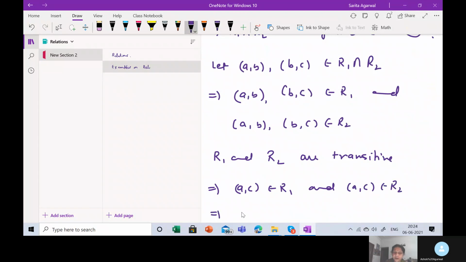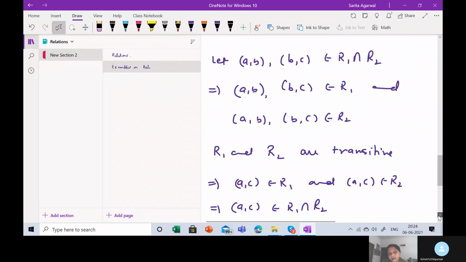That means (a, c) belongs to R1 intersection R2. Now a, b, c belonging to A are arbitrary.